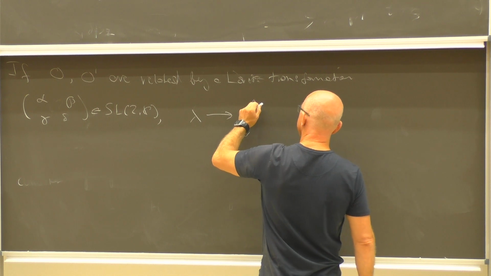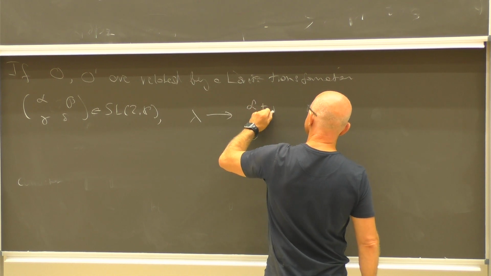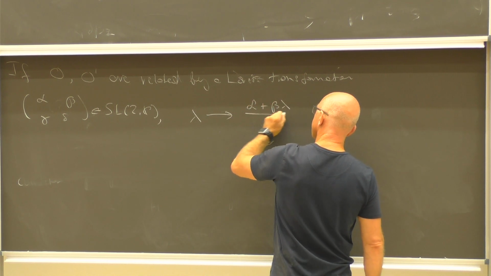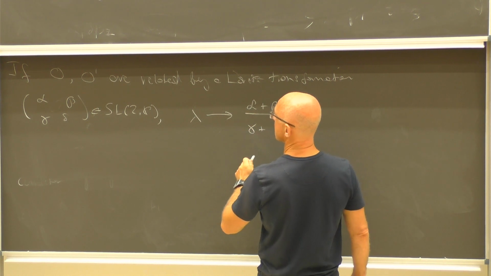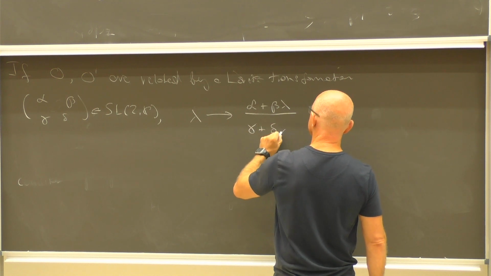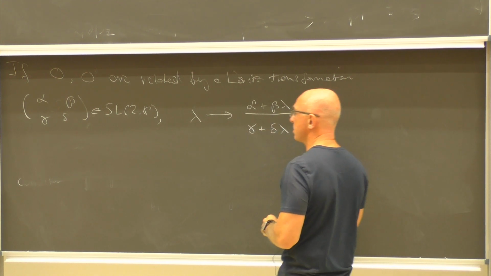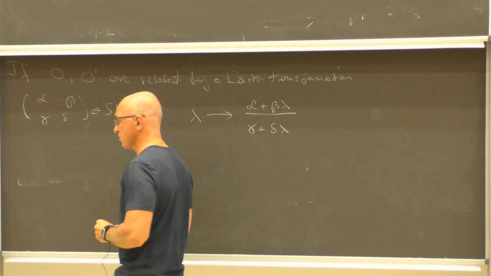So it's alpha plus beta lambda divided by gamma plus delta lambda. Okay, so a simple transformation for celestial spheres.